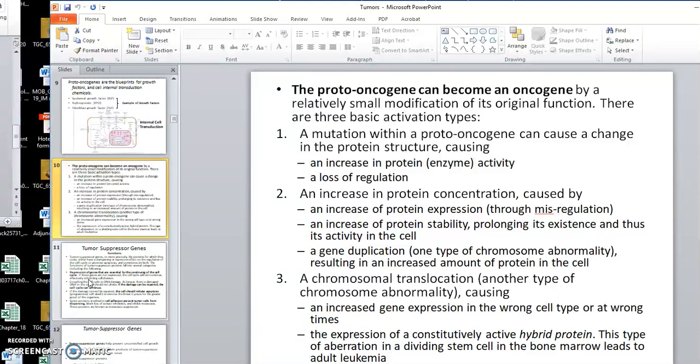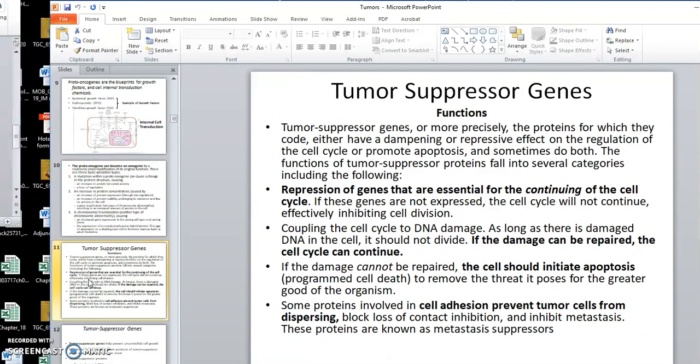Okay. Tumor suppressor genes, they ride herd over the others. Repression of genes is essential for continuing of the cell cycle. And so there are various reasons for these. If the damage can be repaired, the cell cycle can continue. This holds back the cell cycle if there's DNA damage.